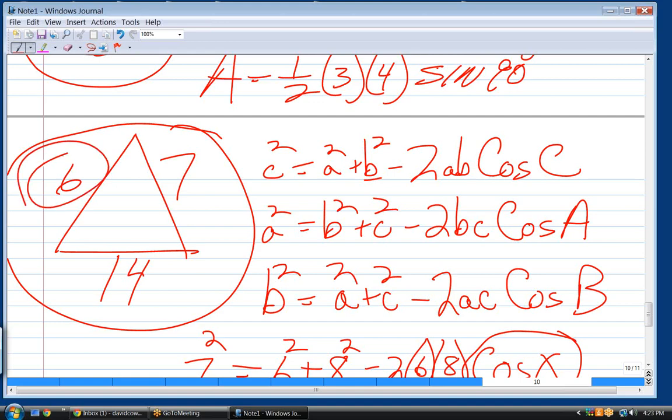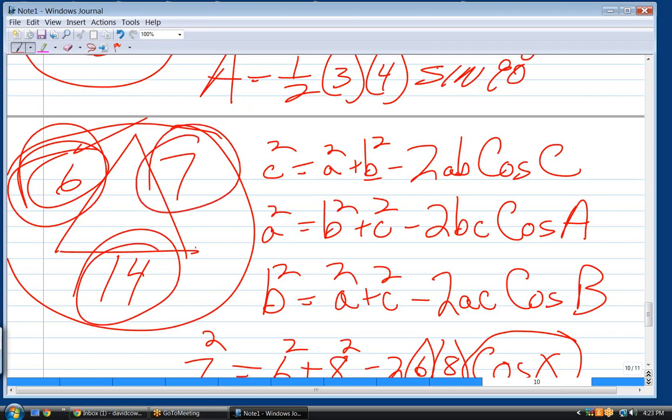Notice that 6 is less than 14 plus 7, but it's not greater than 14 minus 7. So this is an impossible triangle based on this side or this side or this side. 7 would have to be greater than the difference between 14 and 6, and it's not.